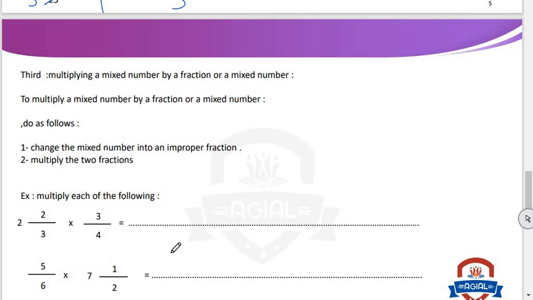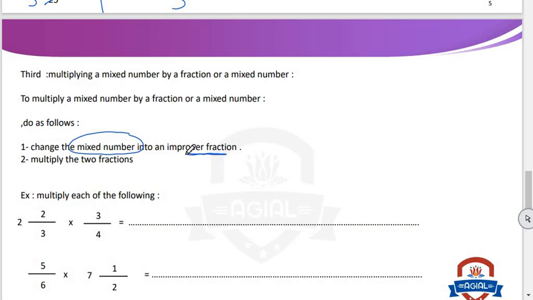Number 1, change the mixed number to an improper fraction, and multiply the two fractions. Like you change a whole number to a fraction, here you change the mixed number to an improper fraction and multiply the two fractions. Multiply their numerators and multiply their denominators.